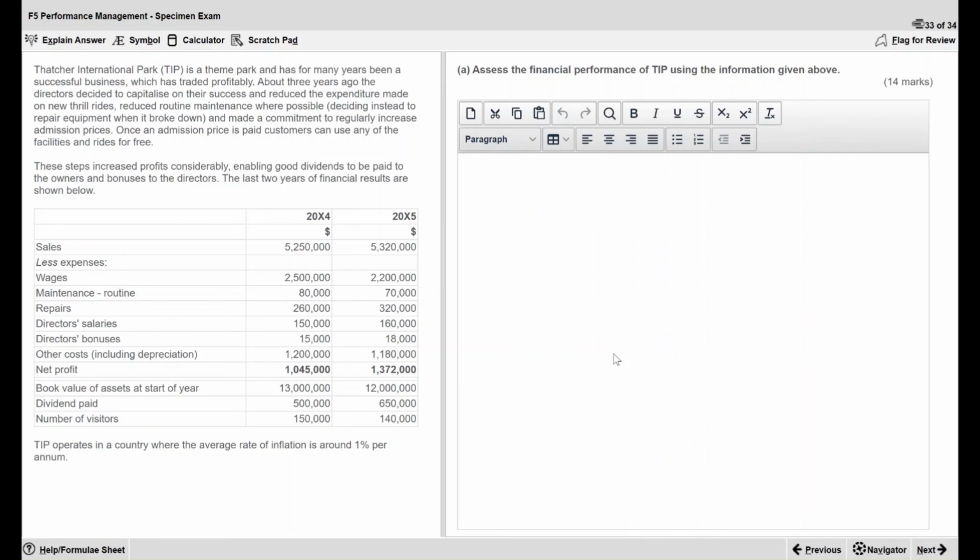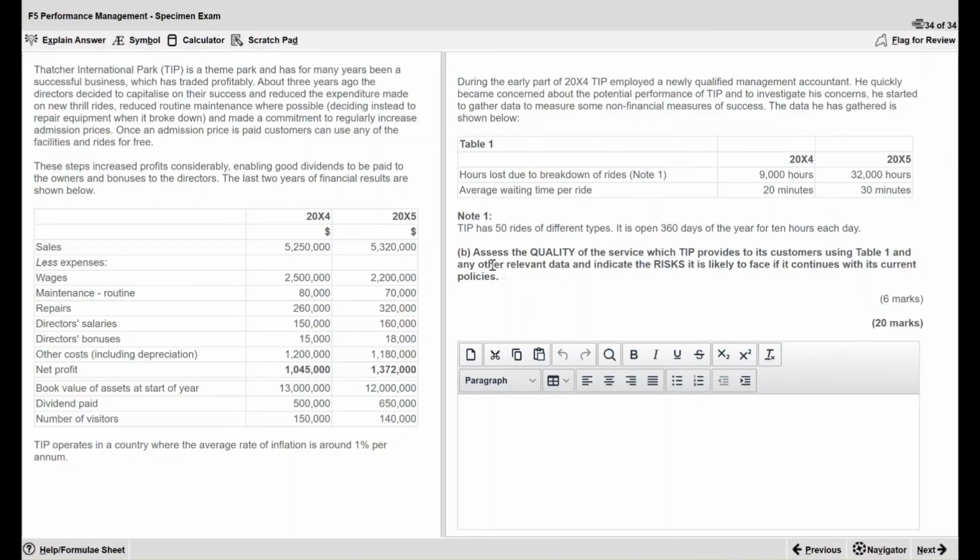In part A, we have 14 marks, and the requirement is to assess the financial performance of TIP using information given above, assess the quality of the service which TIP provides to its customers using table 1 and any other relevant data, and indicate the risks it is likely to face if it continues its current business. So we need to look at the risk here, comparing the ratios and the new information that is given here.